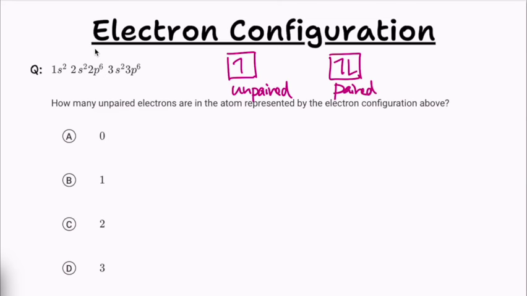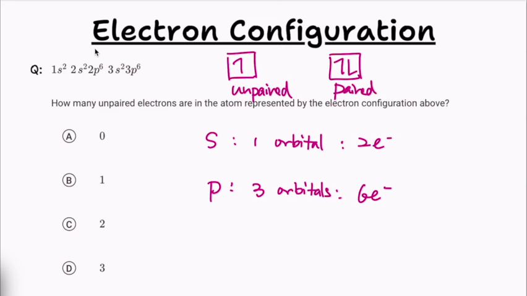Okay, so for 1s2, 2s2, 2p6, 3s2, 3p6, all of the orbitals are full because in s subshell there is only one orbital, which means you can plug in a maximum of 2 electrons. In each of the p shell, it has 3 orbitals, which means we can plug in a maximum of 6 electrons. So for this one, all of the s subshells and p subshells are full, which means there is no unpaired electrons. It will be 0.